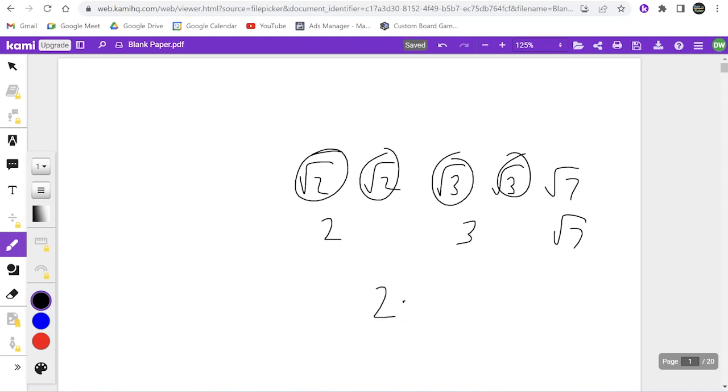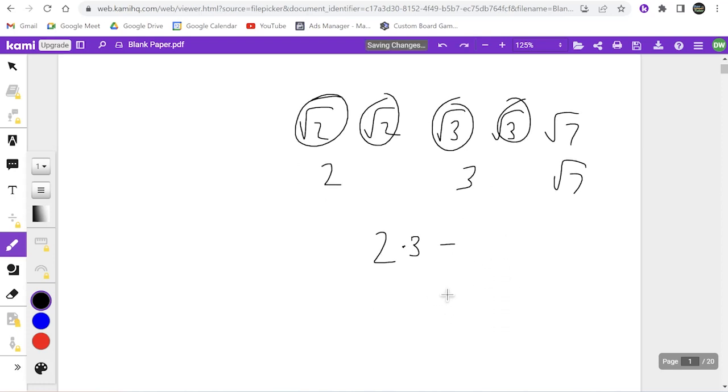You multiply the 2 times the 3 outside the square root, and then still inside the square root is the 7. Whoops, I don't mean equals root 7, just times root 7, sorry. And then the final answer is 6 root 7. So that's what you would do if there were multiple things that broke out, you'd multiply them together. Basically, you want to keep the square roots and the not square roots separate.